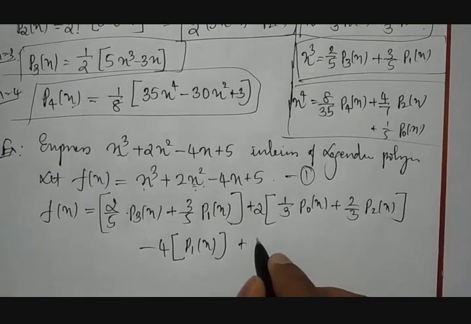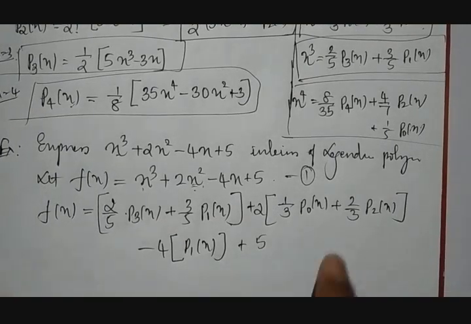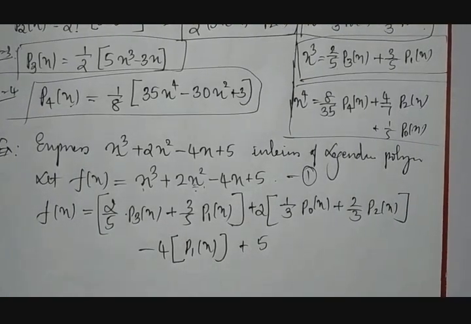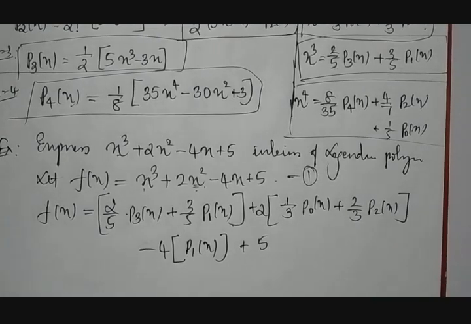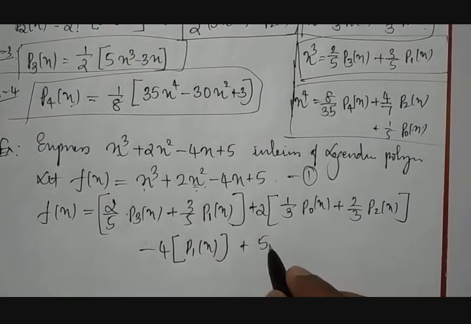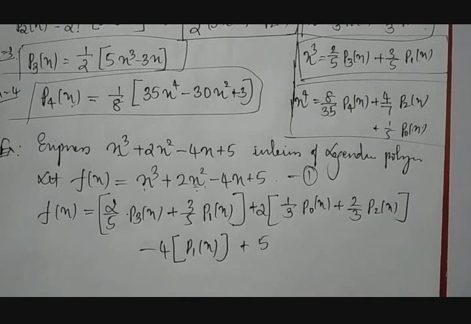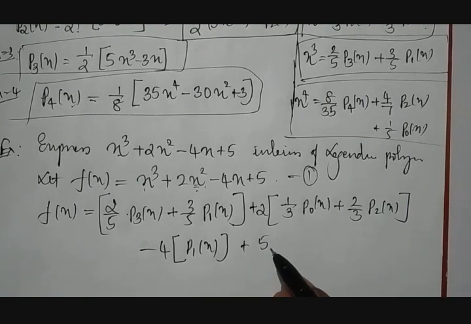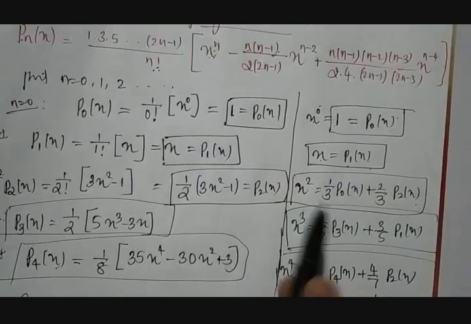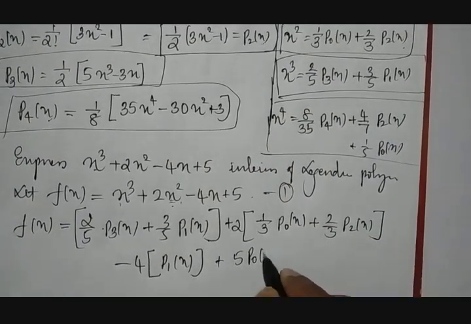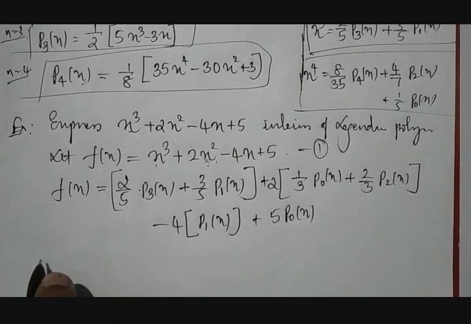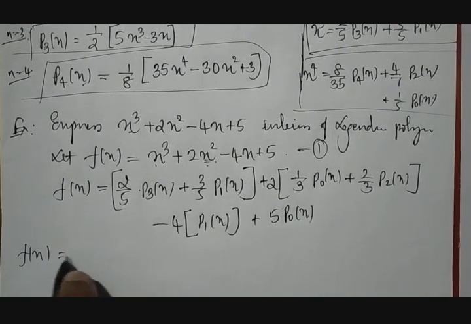Okay, plus 5. Now the question comes, how will this 5 be written? Whether this 5 will be written just directly or in terms of pn of x. 5 can be taken as 5 into 1, and 1 is equal to p0 of x. So it is 5 times p0 of x. Then express this after simplification.